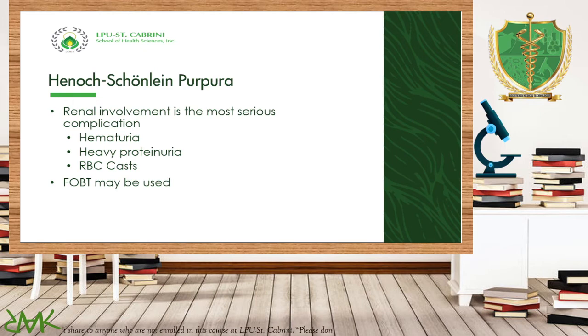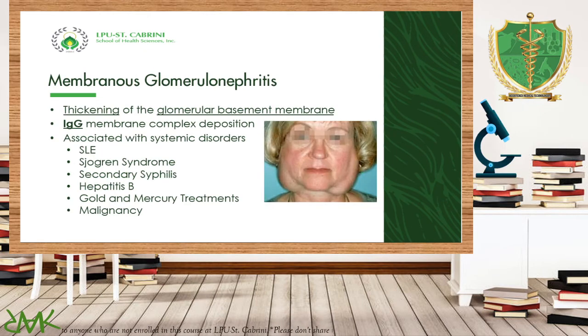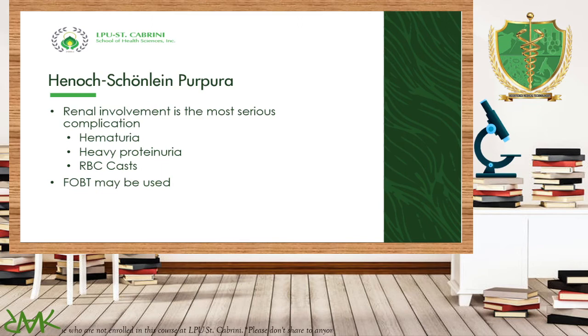Remember guys that in Henoch-Schönlein purpura, recovery with normal renal function is seen in more than 50% of the patients, while the others progress into other forms of glomerulonephritis or eventually into renal failure.